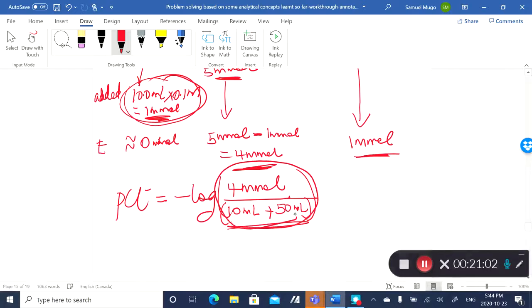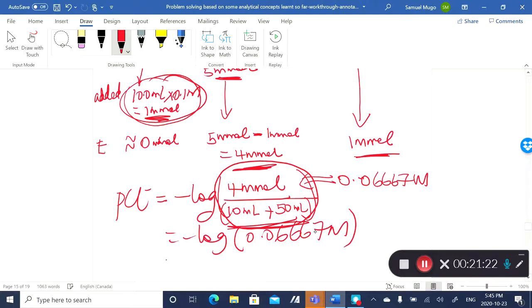And when you do that, you're going to see this concentration is equal to 0.0667 molar. And when you take the negative log of 0.06667 molar, you get a pCl of 1.17. Okay, and so at 10 ml, that is the concentration.